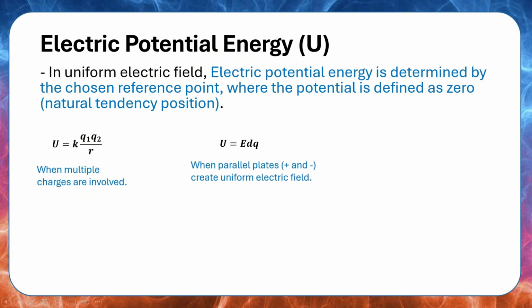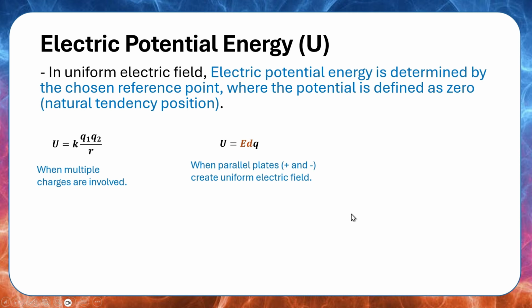So the negative plate serves as the 0 reference point or the 0 distance of our positive charge. But if it is a negative charge, the 0 distance is the positive plate. Most of the time we will be using the positive charge, so we're going to use the 0 distance as our negative plate.